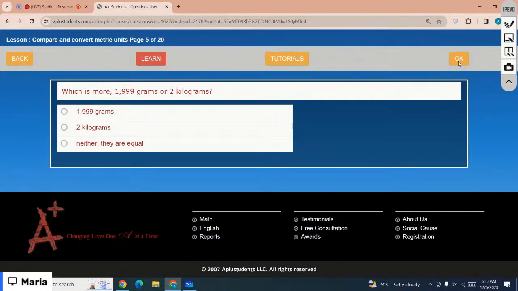Which is more, 1999 grams or 2 kilograms?